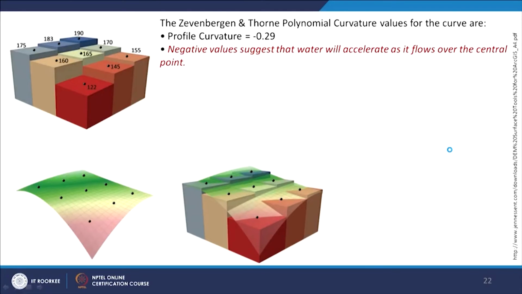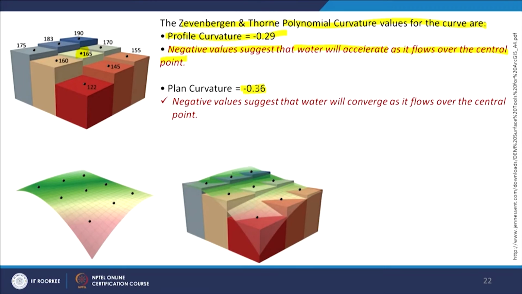Now different methods again, like Evans-Young and Zevenbergen-Thorne method, for polynomial curvature values for a curve. Profile curvature is giving value minus 0.29, and negative value suggests that water will accelerate as it flows over the central point. So this is for the central point, this one. And in plan curvature the value is minus 0.36, and that means it is also negative value and suggests that water will converge as it flows over the central point.